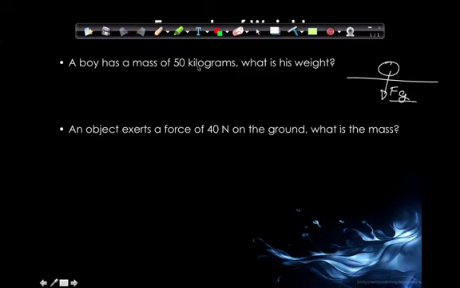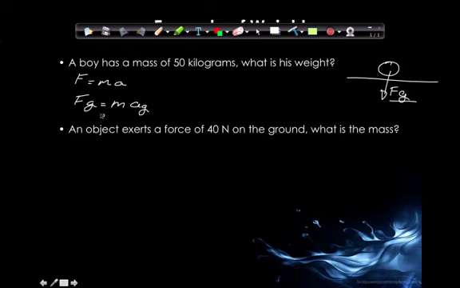So, a boy has a mass of 50 kilograms. What is his weight? So remember, the force due to gravity is the same thing as the weight. So we know that force is equal to mass times acceleration. If we have force of gravity, that is equal to the mass times acceleration due to gravity, which is going to be 9.8.